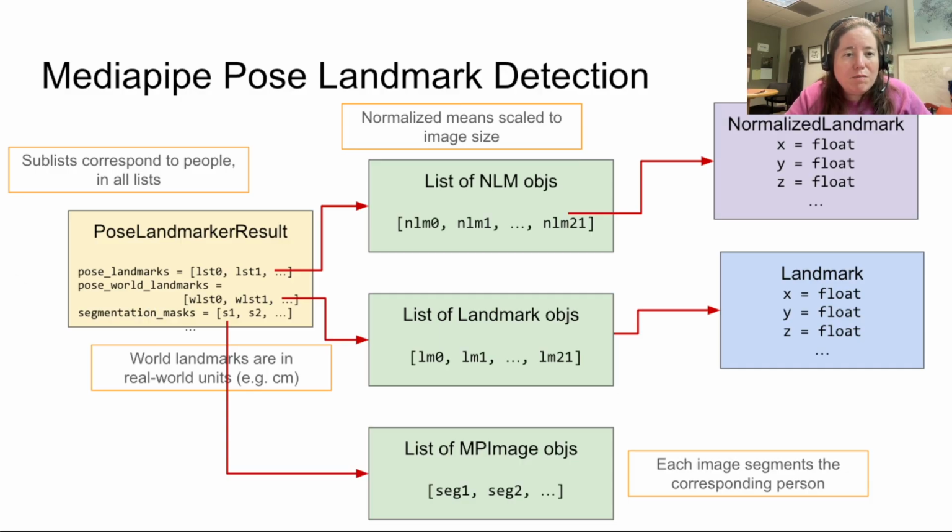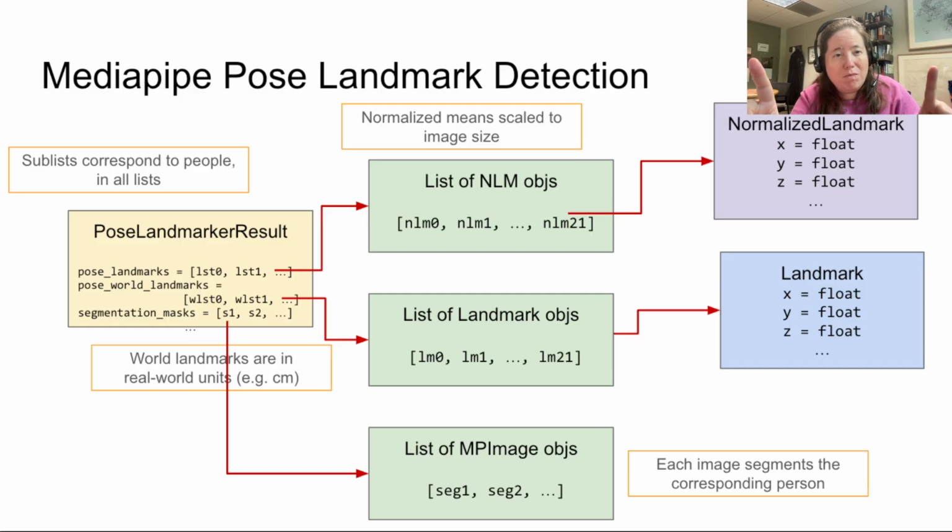So pose landmarks and pose world landmarks, these are similar to what we had for hands. The pose landmarks, each of these sublists is a list of, in this case, 33. It says 21 there, but it's wrong. 33 different normalized landmarks, and the world landmarks are 33 landmarks in real world units, which in this case I think might be meters.